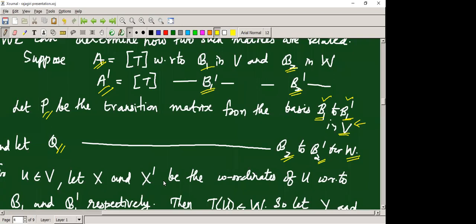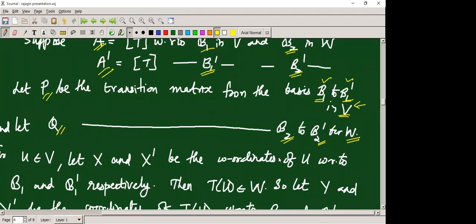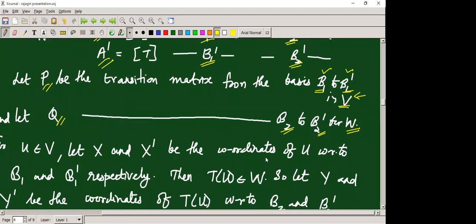For U belongs to V, let X and X dash be the coordinates of U with respect to B1 and B1 dash respectively.